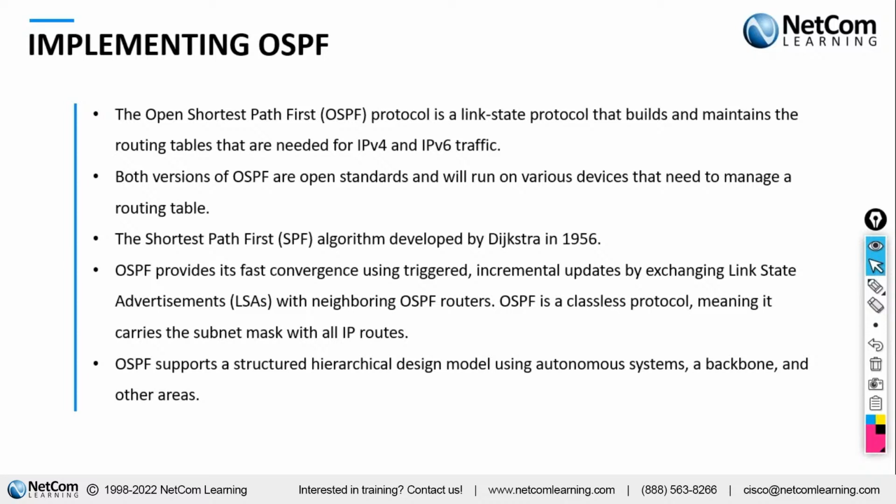That company has an autonomous system based in North America, also doing some business in Europe. So that is this company's autonomous system. OSPF basically works within the same autonomous system, and we can divide OSPF into multiple areas. We call them the backbone area and other areas, and that's what I'm going to show you.